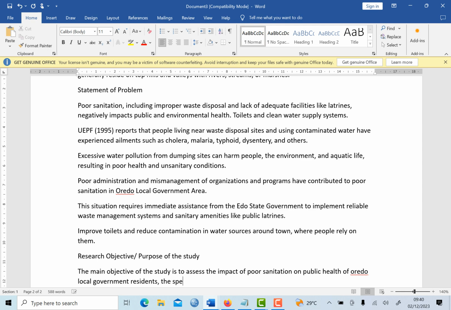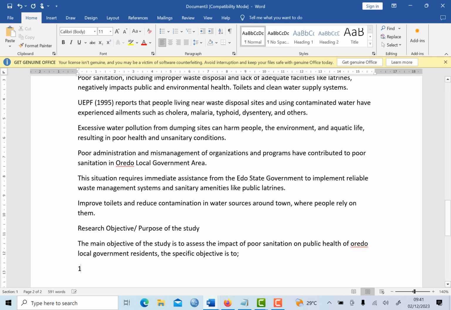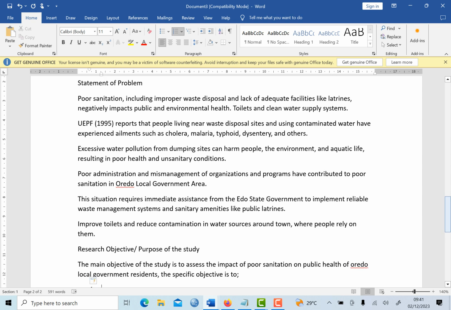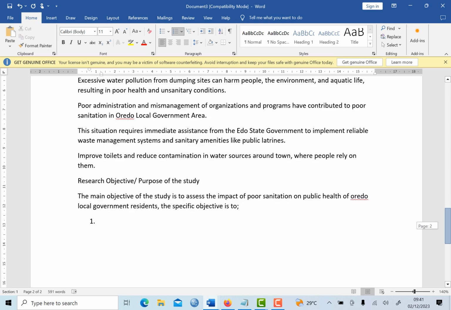The specific objectives are to, then what are you saying? One, mind you, from the previous statement I made, I told you that from our statement of the problem you can see that waste disposal is one of the factors. So it's just something to determine.